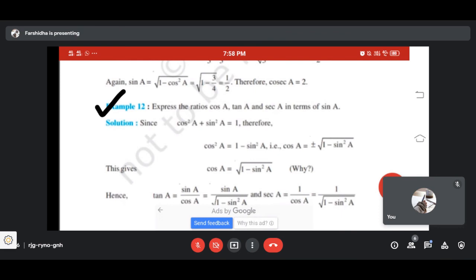Express the ratios cos A, tan A, sec A in terms of sine. So we need to express cos in terms of sine, tan in terms of sine, sec in terms of sine. All the ratios in terms of sine.